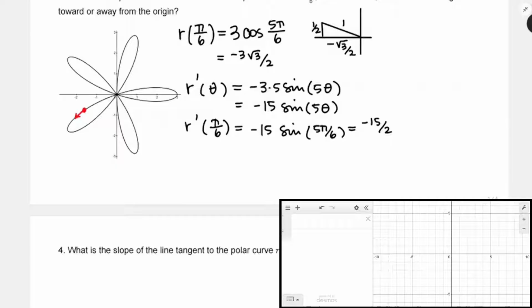And so the curve is going along that way, and you can envision the curve tracing itself out that way, going farther from the origin. So it's moving away from the origin. Clearly, to answer the question, r and r prime are negative at theta equals pi over 6.